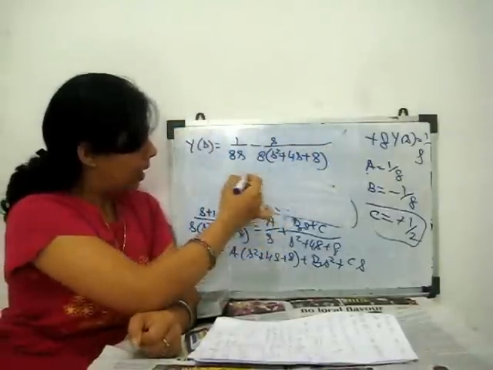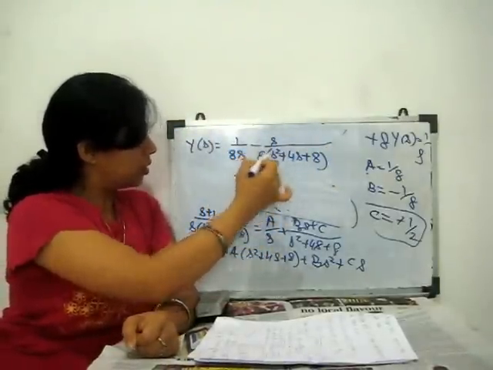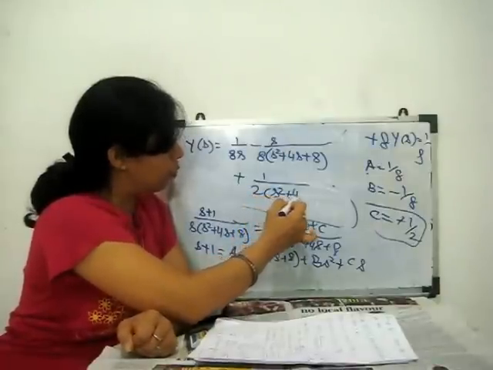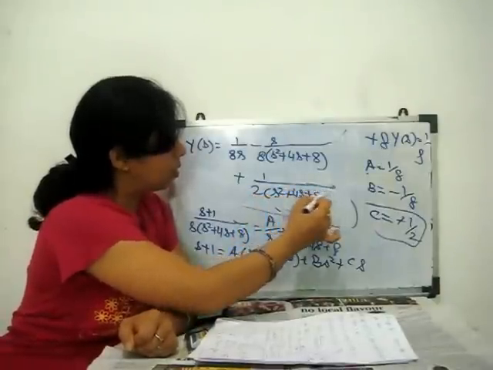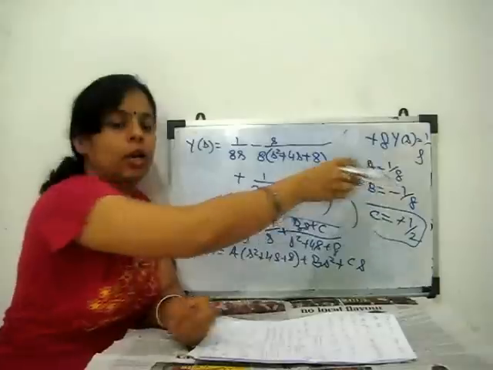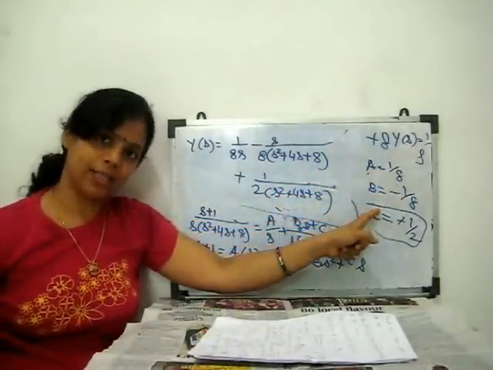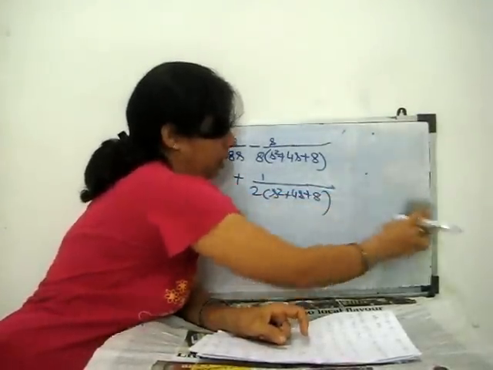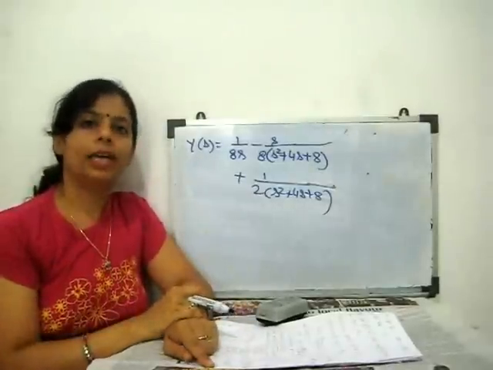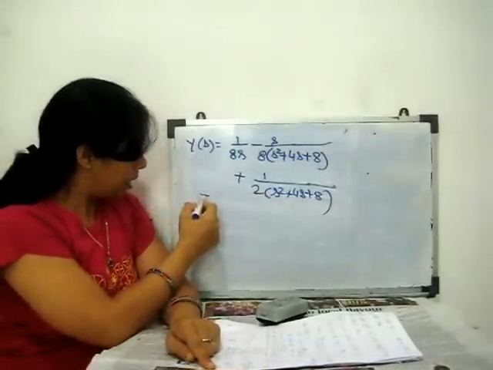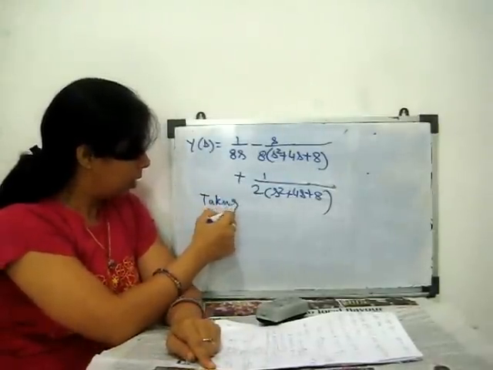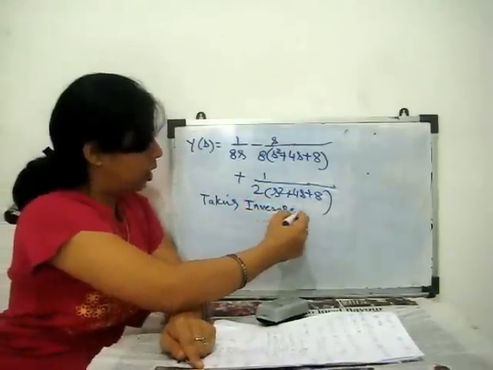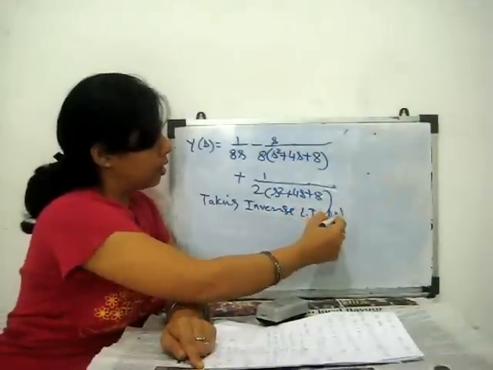Clear? Then third term is plus 1 by 2 upon s square plus 4s plus 8. Just substituting the values of A, B and C. Next step, last step, taking inverse Laplace transform on both sides.